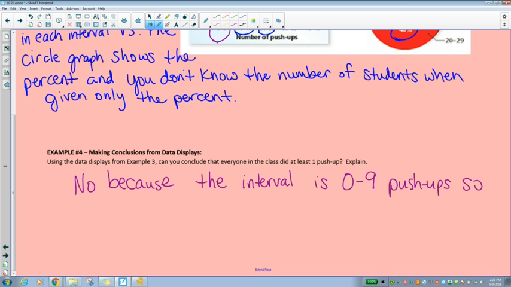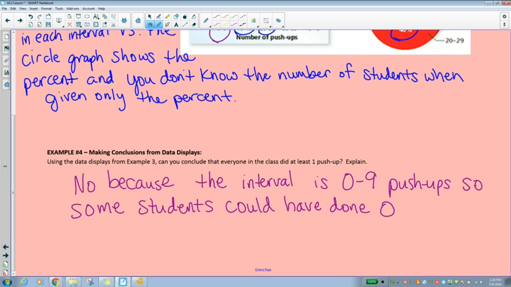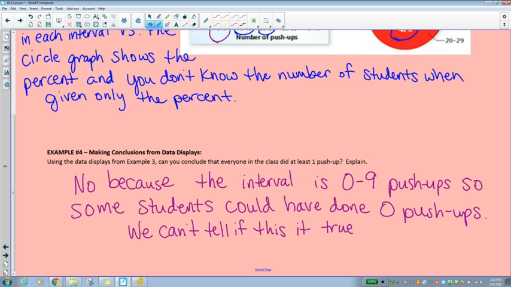So some students could have done 0 push-ups. We can't tell if this is true from this data.